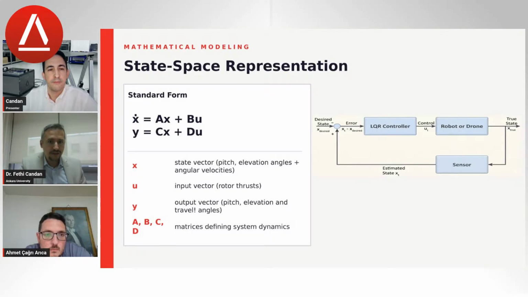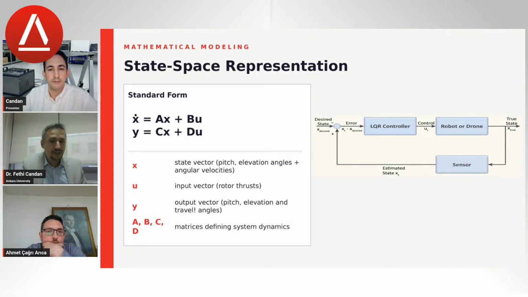So x gives us the state vector, that means elevation, travel, pitch, and their angular velocities inside the states. And u gives us the input vector, so that means we have 2 rotors, that means the rotors' thrust for us. And y is the output, so that means pitch, elevation, and travel. And if we use the derivatives, we can also access the rate angles as well.